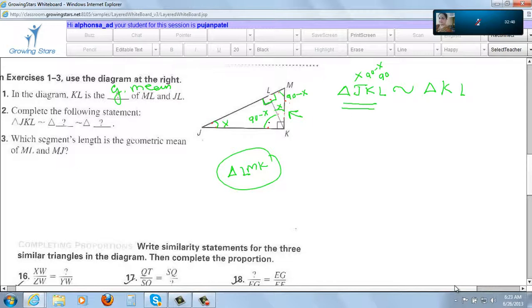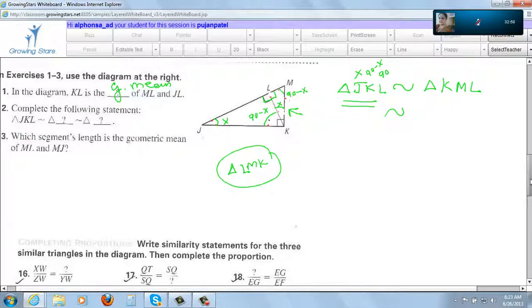So we want here, the second vertex is KML. Okay, similar to, now the next one, the full triangle, the whole triangle, JMK. JMK triangle. Yes, it's JMK. Good.